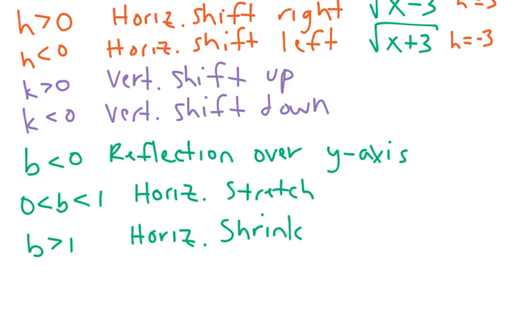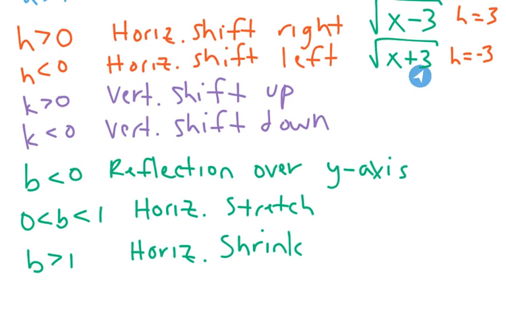Remember how I said that if it's under the radical or in the parentheses, it works backwards? Remember how I said that? Yeah. So, just like our H, where it kind of goes backwards because of that minus sign, right? Same idea here. If it's a fraction, it ends up being a stretch, and if it's not a fraction, it ends up being that shrink. And that will make more sense to you next year.